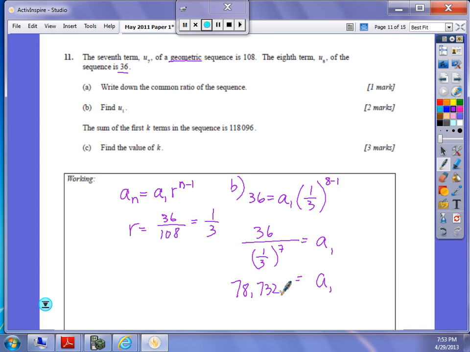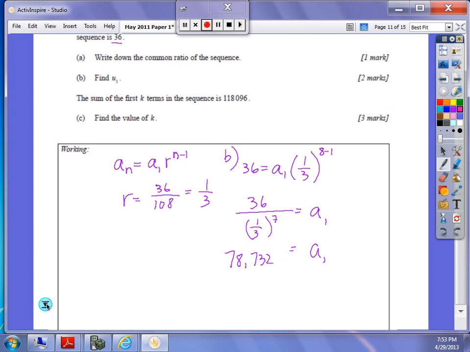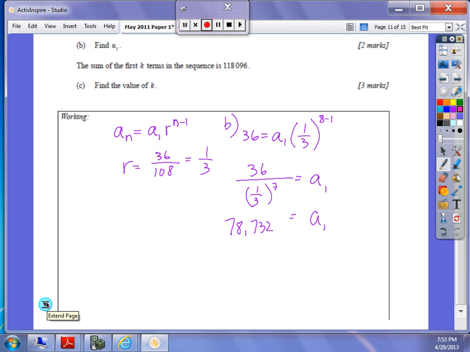Alright, then it says the sum of the first k terms in the sequence is 118,096, and I need to find how many terms that is. So let's see how we're going to do this calculation. I need a formula for finding a sum.